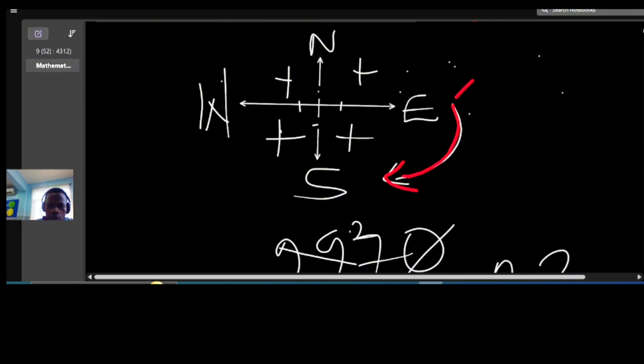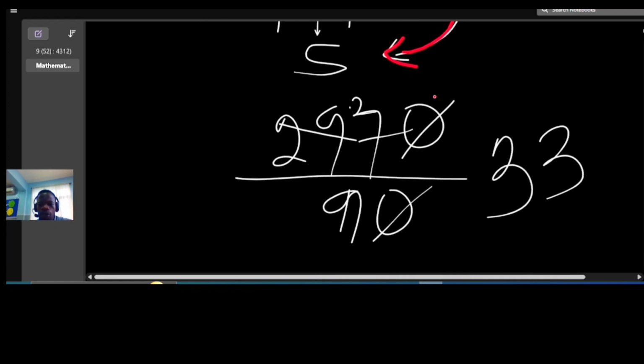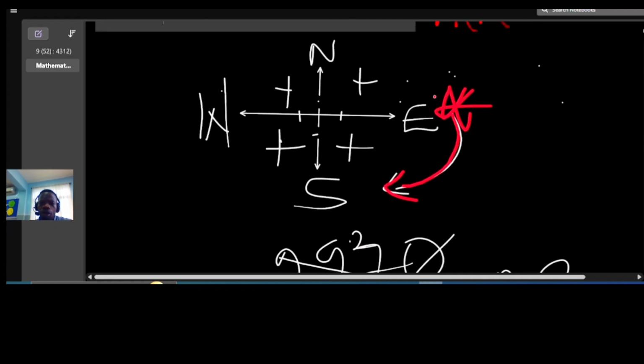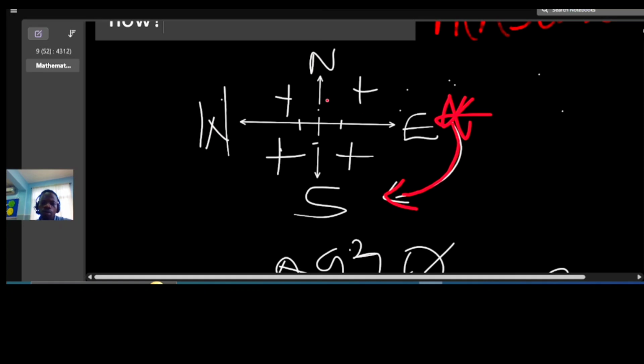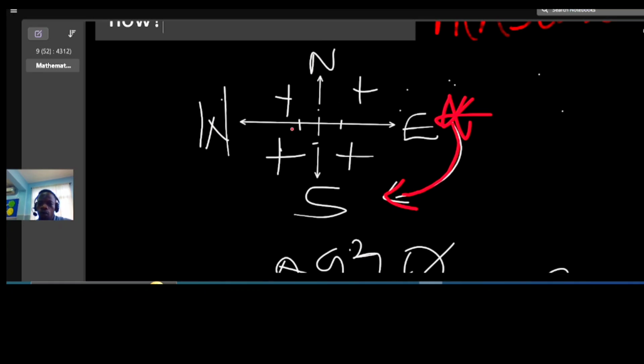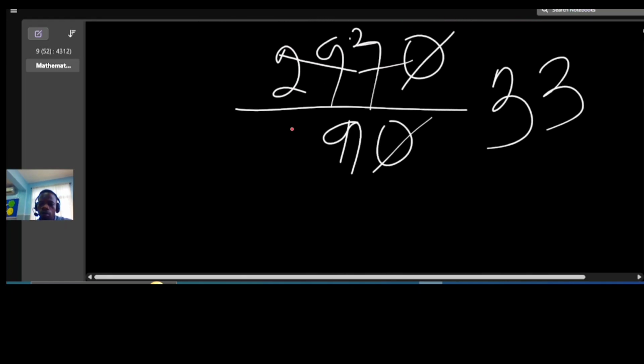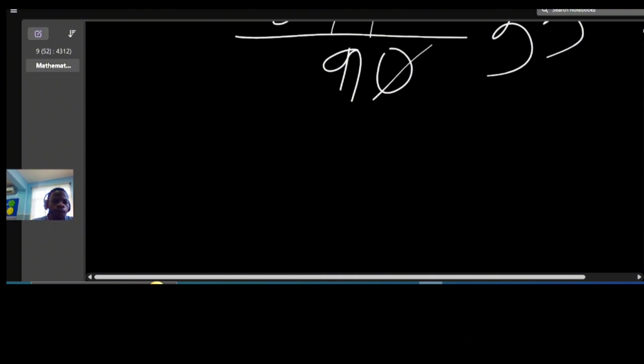Since it's going to move 90 degrees 33 times, let's know how many quadrants we have here. We have 4. That will determine where it's going to fall. We divide 33 by 4.